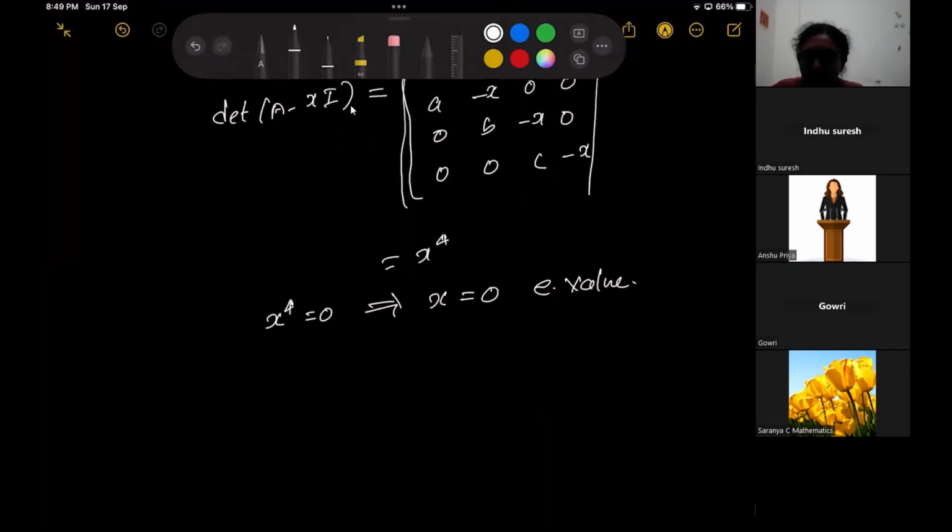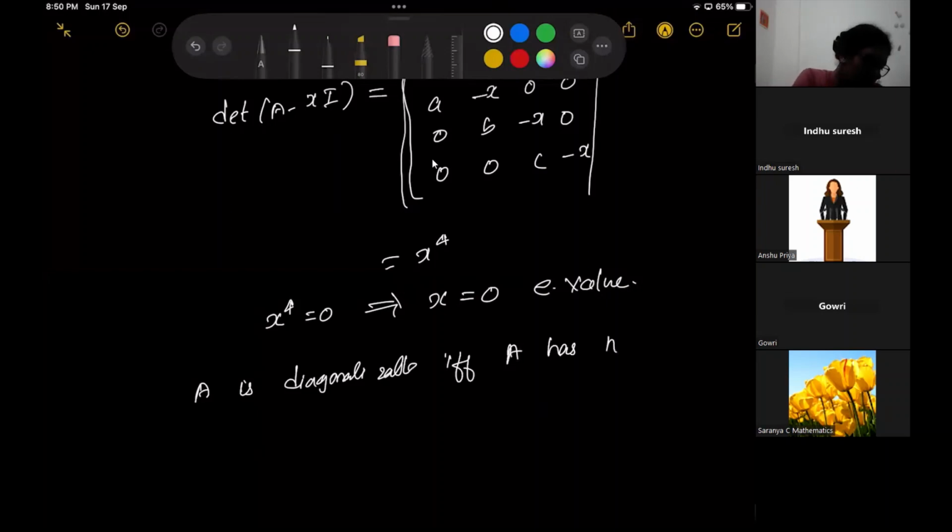Now, when will it be diagonalizable? For diagonalizability, we have one condition. A is diagonalizable if and only if there exist n linearly independent eigenvectors.